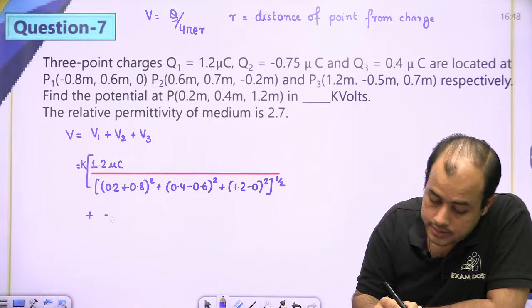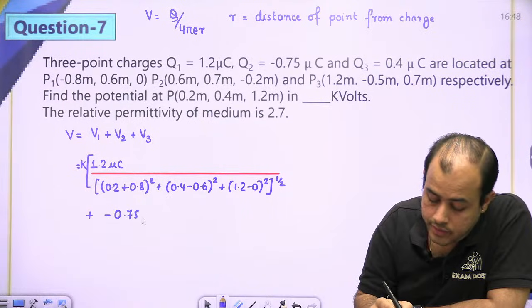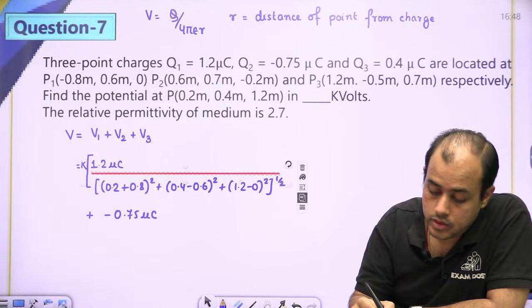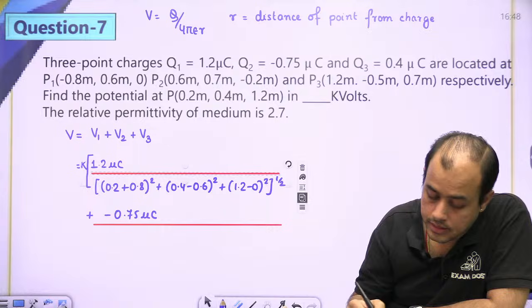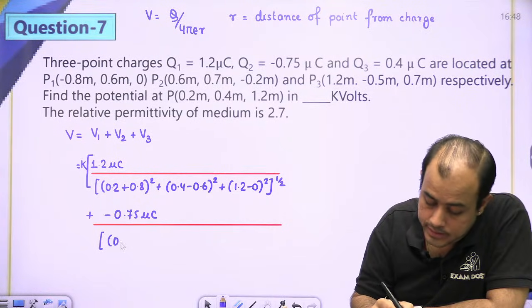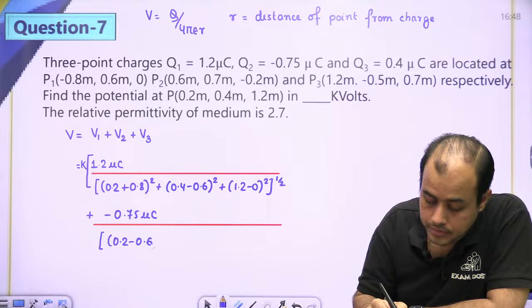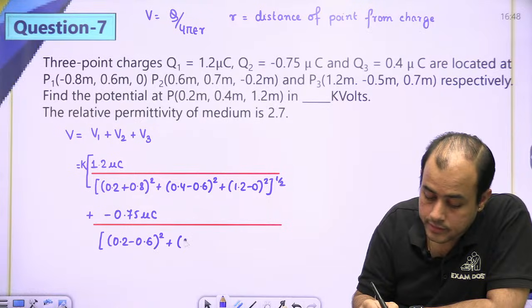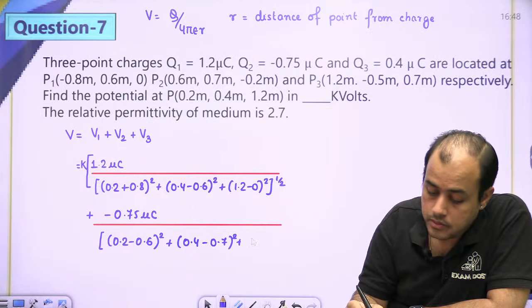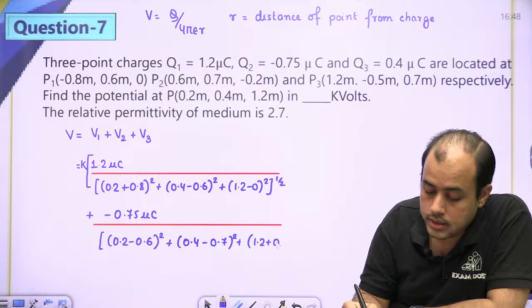Plus, the second charge is minus 0.75 microcoulomb. Okay? You tried these questions, brother. Now, it is at 0.2 minus 0.6. 0.4 minus 0.7. 1.2 plus 0.2 whole square.